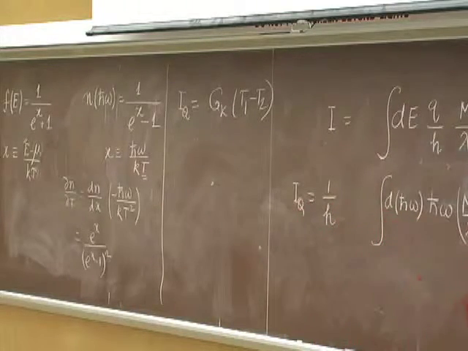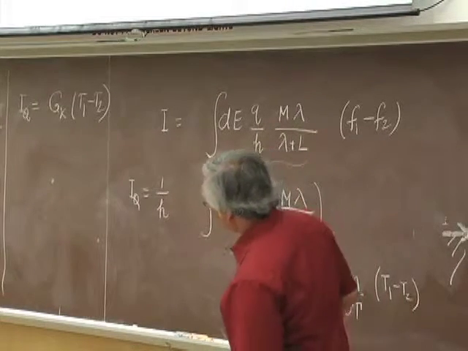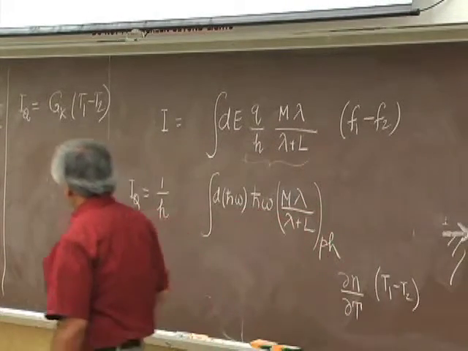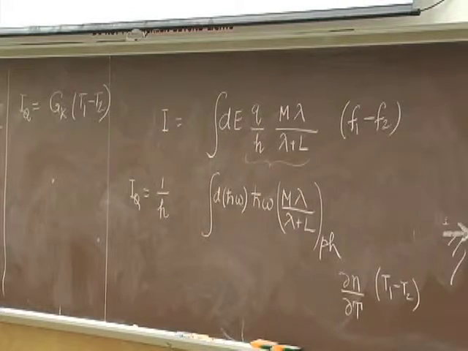If I put this in here, then for del N del T, what I am getting is, I guess, dN dx, but then of course this whole thing is there.